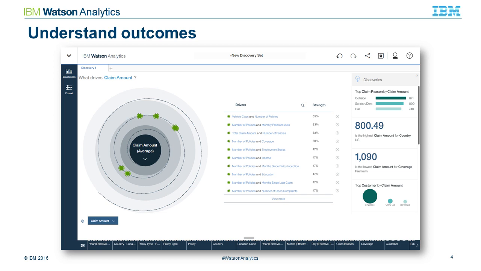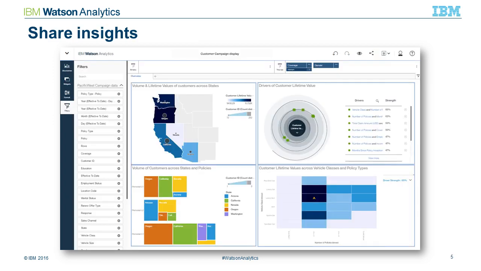Now instead of coming up with your own hypothesis, you can interrogate the data and let Watson Analytics tell you what the most important drivers are, and really help narrow your analysis down to those most important drivers, as opposed to aimlessly wandering through your analysis and maybe trying to come up with your own hypothesis, which may or may not be true.